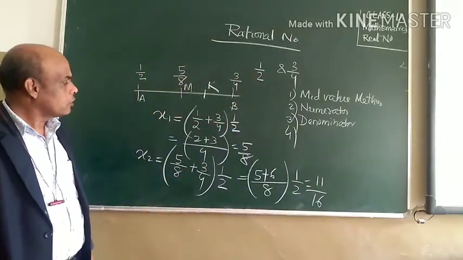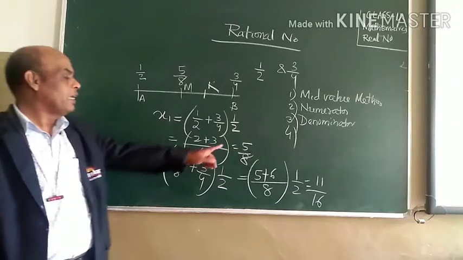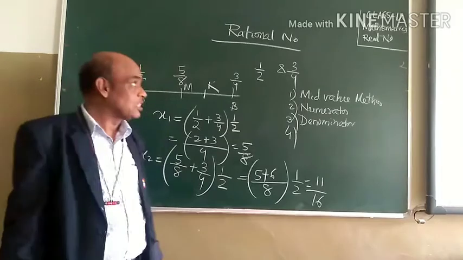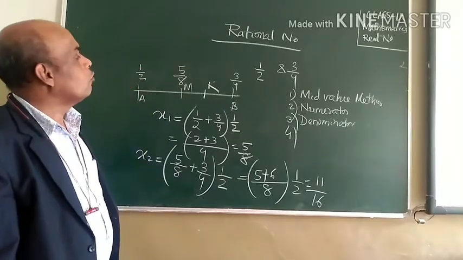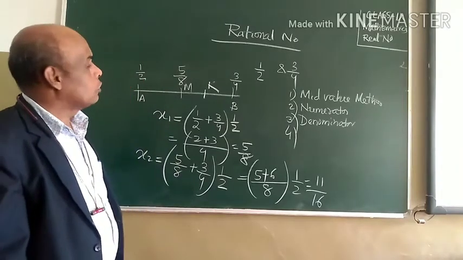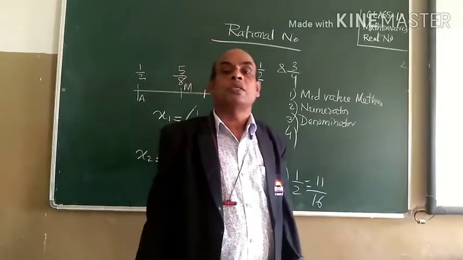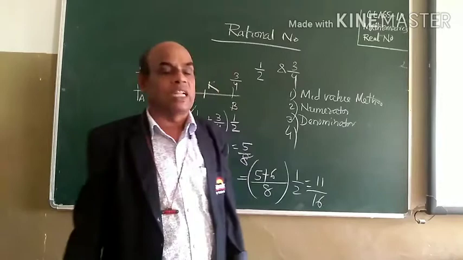So we got two rational numbers, one is 5 by 8, another is 11 by 16. In this way we can find the rational numbers in between two rational numbers.